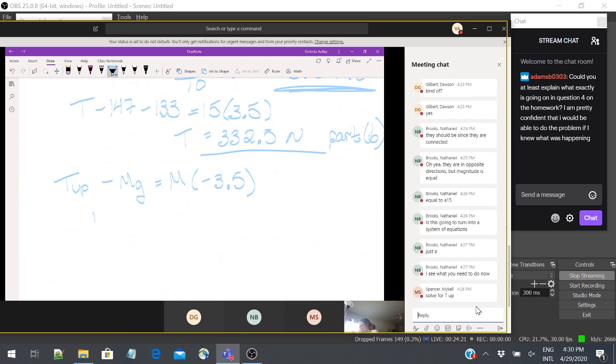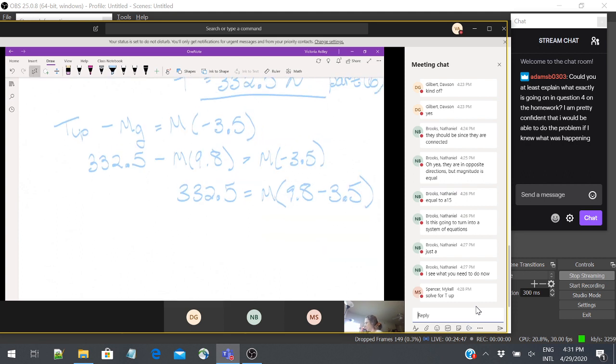Okay, so we found T up. This is 332.5, minus m times 9.8 equals m times negative 3.5. So we're going to move that over. 332.5 equals m times 9.8 minus 3.5. So we get 9.8 minus 3.5 is 6.3.